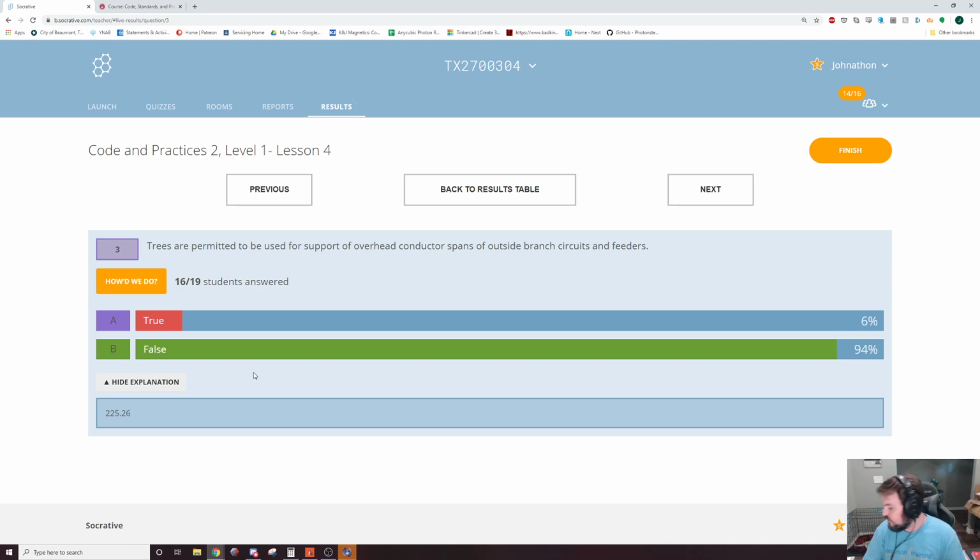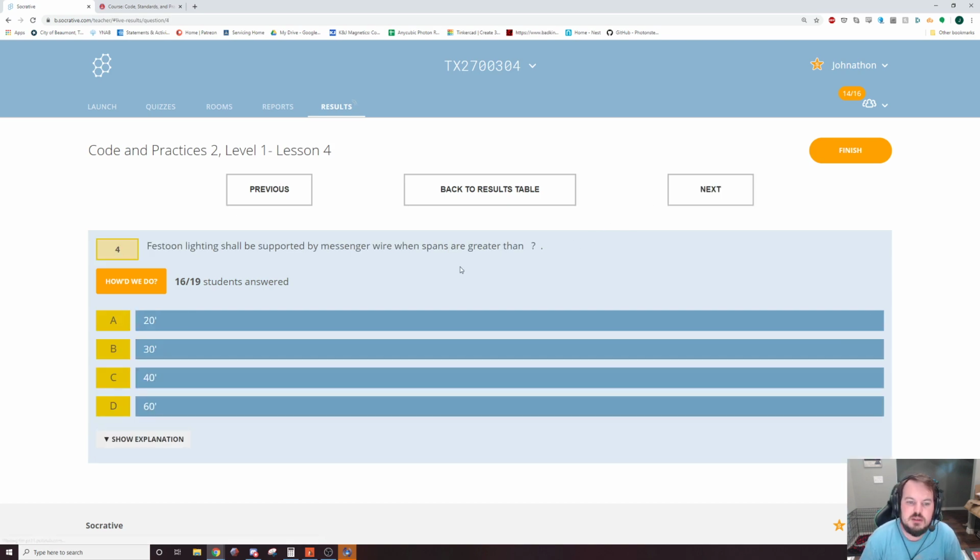So 225.26 is probably about using vegetation as support. It's a title right there, using vegetation as support, and it says absolutely under no circumstances.